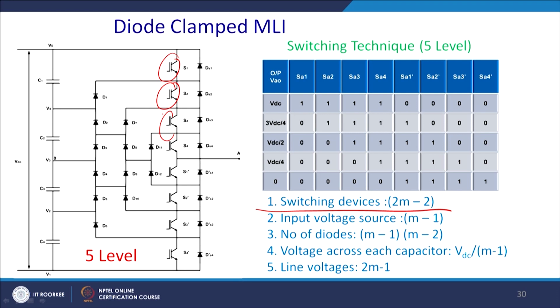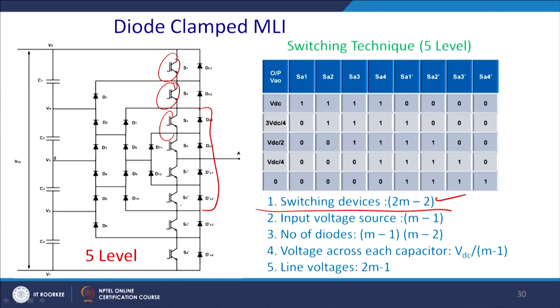So, it is a 5-level, it tells that you have 2m minus 2, that is 1, 2, 3, 4, 5, 6, 7, 8. So, you get 8 such devices, and if it is a 3-level, you make m equal to 3 here. So, you will get 4 devices. So, this much will give you the 3-level.